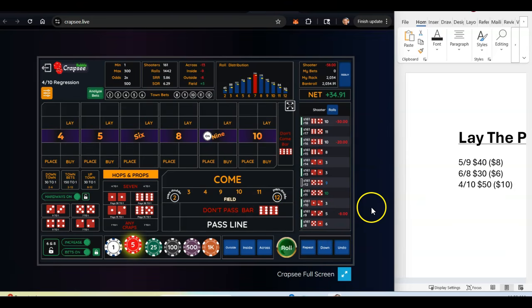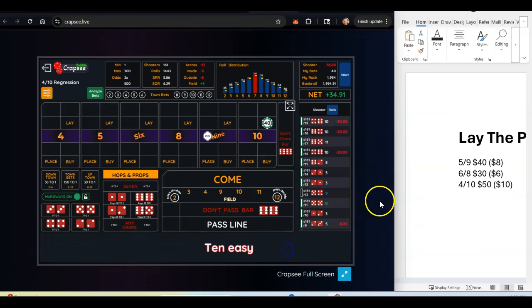You can continue to play the math and go to level 4 bet on the 10. Or you can wait and let things calm down and wait for the next outside number. It's up to you. We'll just play it out because this is obviously a demo. So we'll stick with that and we'll go to 40. So that's the biggest bet we've made. A level 4 bet. 10 easy.